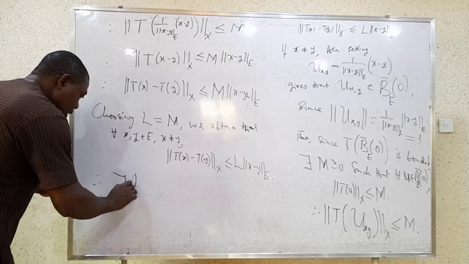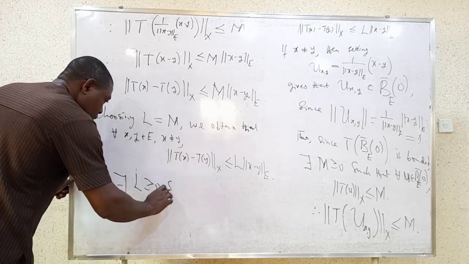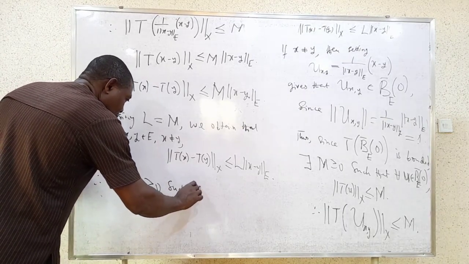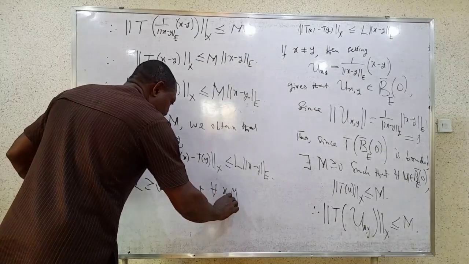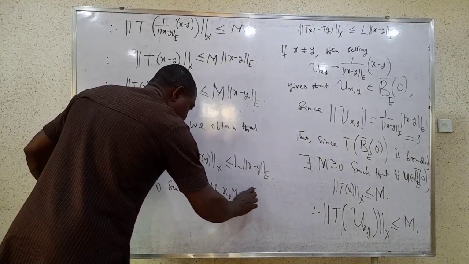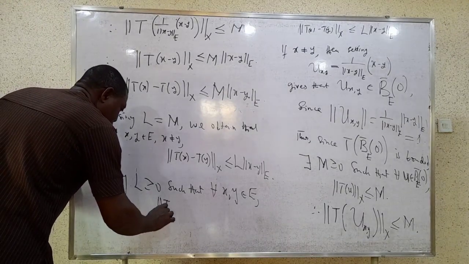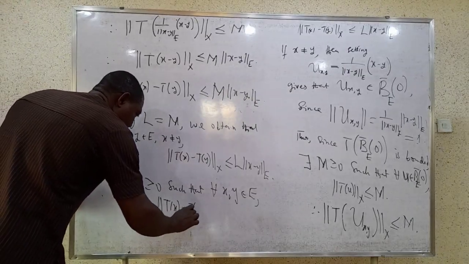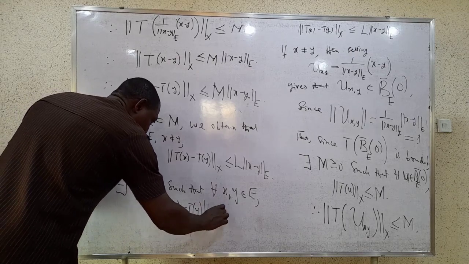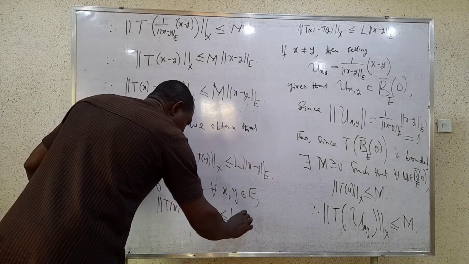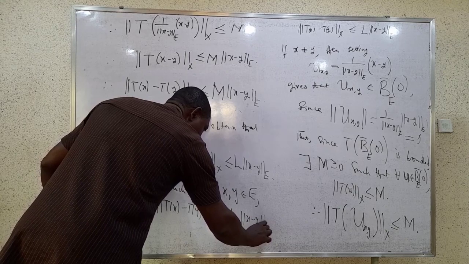there exists L greater or equal to 0 such that for any x, y in E, norm of T of x minus T of y is less than or equal to L norm of x minus y.